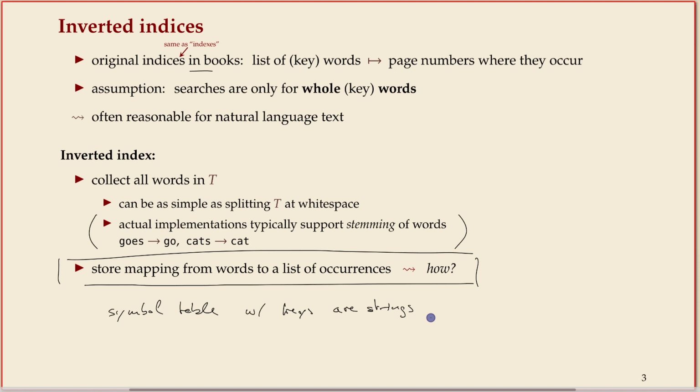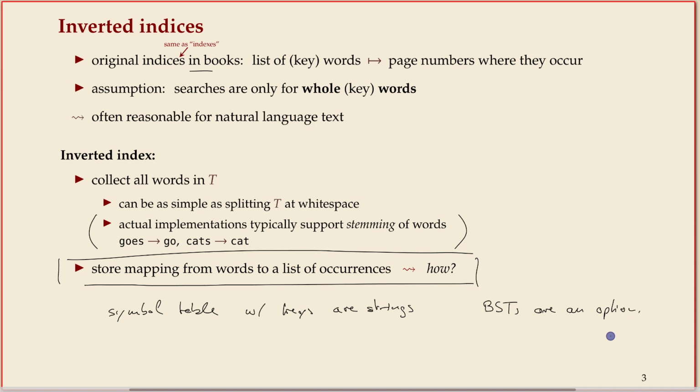So in particular, we could use a binary search tree, and it would work okay-ish. It's not the fastest possible option, but it's at least way faster than searching through the text from scratch. I just want to mention this in case you wonder why we don't just stick with it.